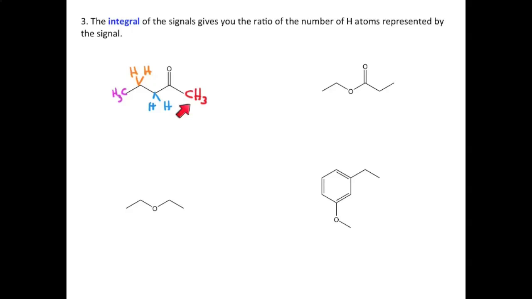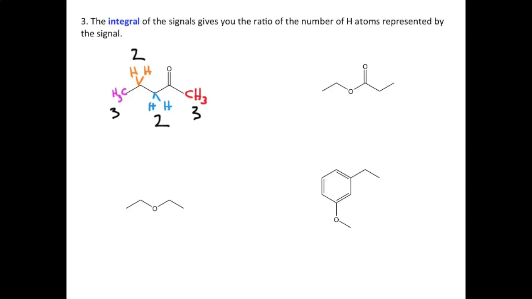So the number of non-equivalent, 1, 2, 3, 4, we'll see 4 signals in here. What is the integral ratio? That's simply the number of hydrogens represented by the signal. We have to remember that this is always a ratio, but it's quite easy to see. Our ratio would be 3 to 2 to 2 to 3. Why? There's 3 hydrogens represented by that signal, 2 by that signal, 2 here, and 3 there.